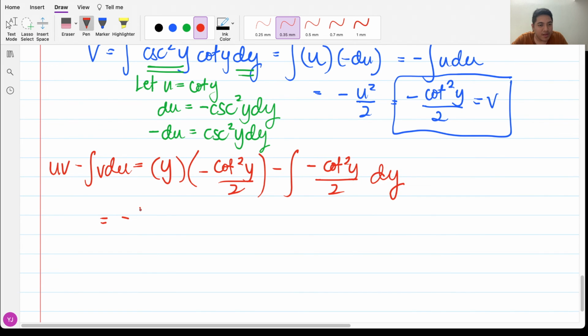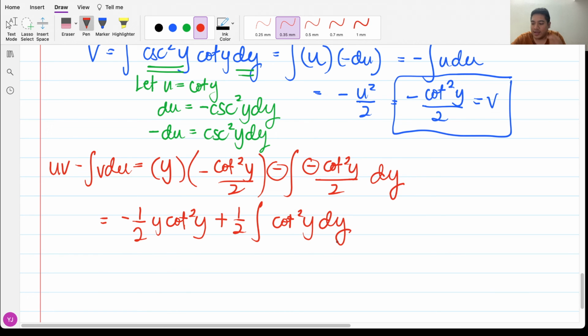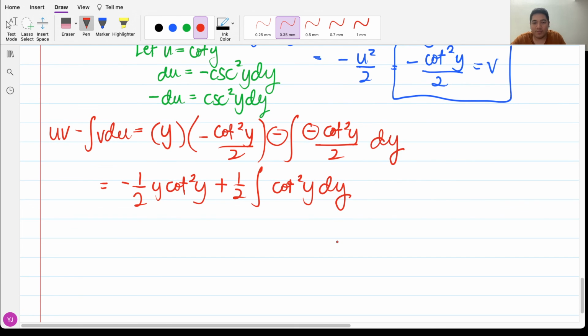Just simplifying, negative 1/2 y cotangent squared of y. Negative times negative, factor out negative here, so that becomes positive. I have 1/2 here, so I am left with the integral of cotangent squared of y dy. And again, cotangent squared of y is not a readily integrable integral.